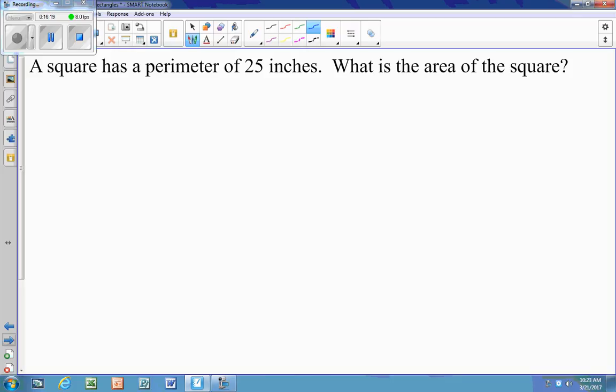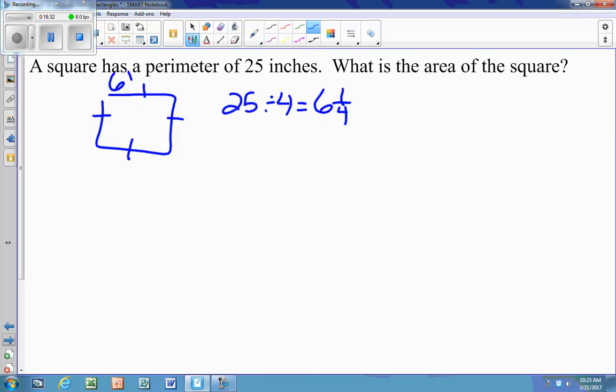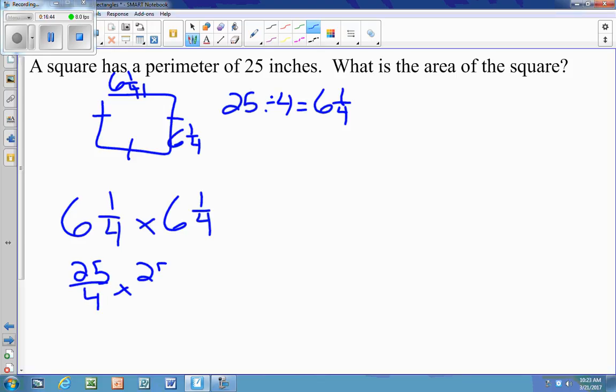Next, we have a square that has a perimeter of 25. We know these are all equal, so 25 divided by 4 would give me 6 1/4. So every side is 6 1/4. So when I find the area, I do 6 1/4 times 6 1/4, which is really like doing 25/4 times 25/4.